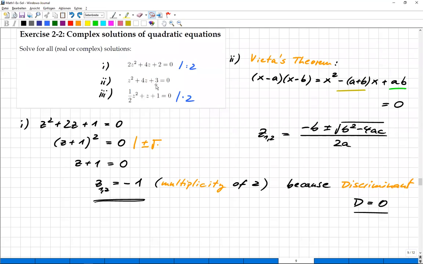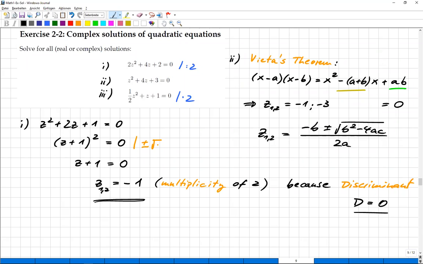So that fits. And the sum of -1 plus -3 is -4. And here the linear coefficient is 4. So everything's fine. And that says suddenly, without any solution formula, I can conclude that the two solutions of this equation are -1 and -3.